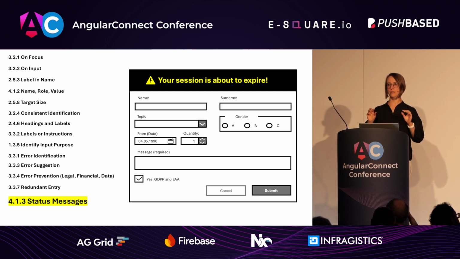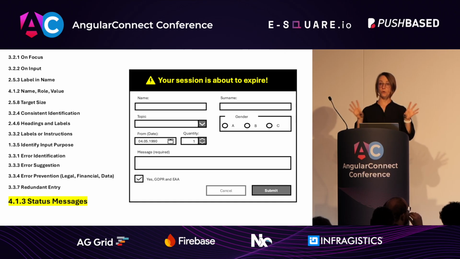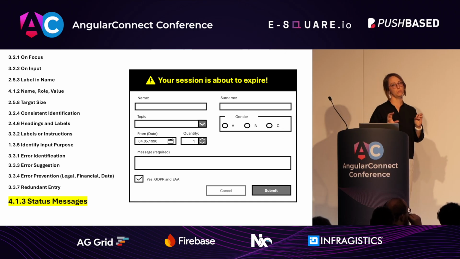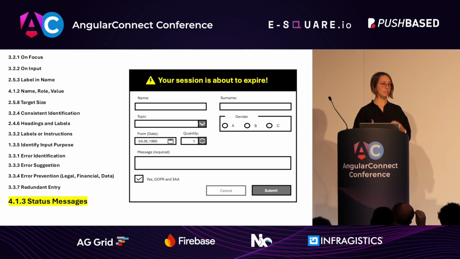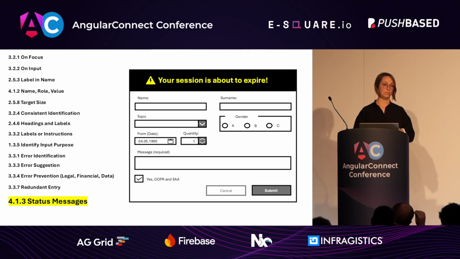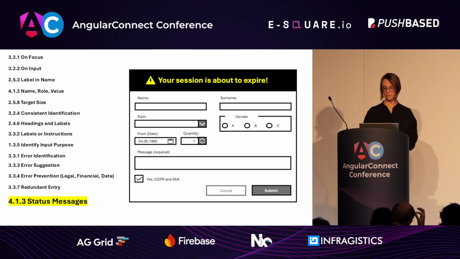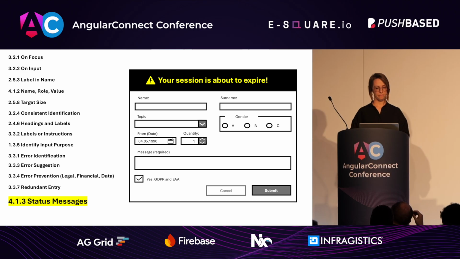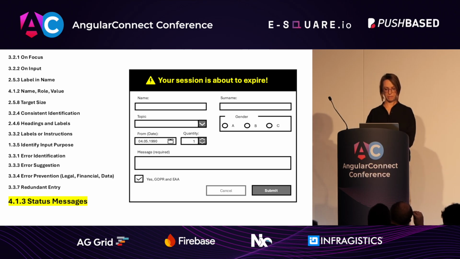If you have some toasts, some messages that you display via JavaScript, which are hard to discover, for all these cases you might need, for example, ARIA Live or LiveAnnouncer, which is syntactical sugar from Angular Material CDK.